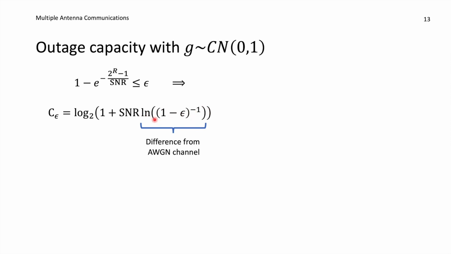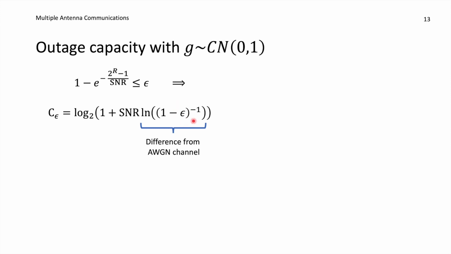And this factor is the difference from having an additive white Gaussian noise channel. It will be 1 if we have an additive white Gaussian noise channel, and now we have something that depends on our outage probability that we can accept.